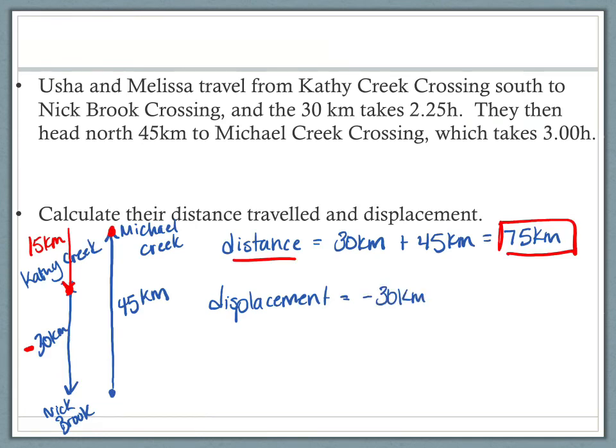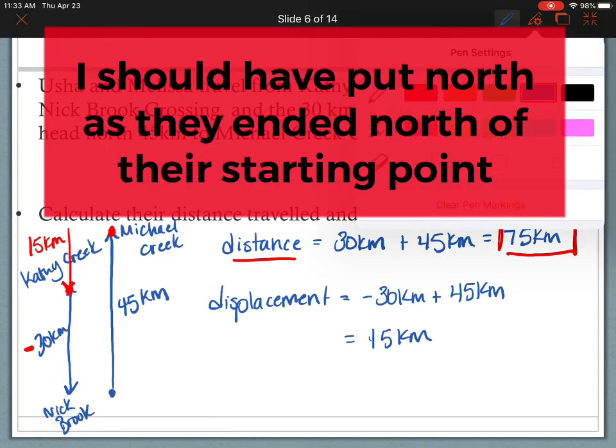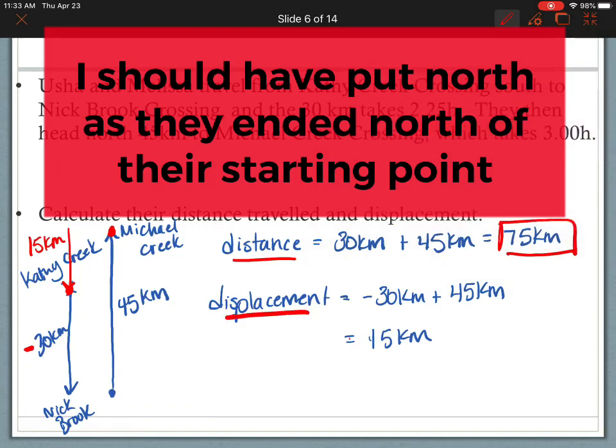So that's actually how we say something is going south. We put a negative in front of it. And then I'm going to add to it 45 kilometers, and I'm going to keep that 45 positive because it's going north, and north we usually say is the positive direction. Okay, so negative 30 plus 45 is 15 kilometers. Okay, and there we go. That is our displacement, meaning that is how far the ending point is from the starting point. Okay?